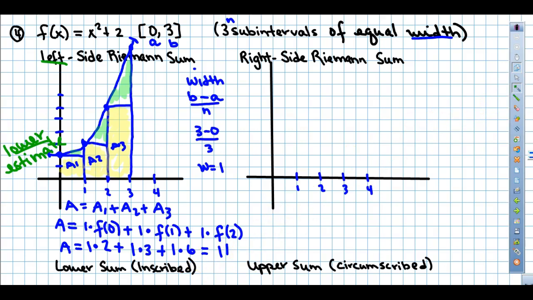Okay? Now, let's do the same thing here with the right Riemann sum. So real quick, I'm going to plot these points and make this graph again. I put that ordered pair in the wrong place. There we go.